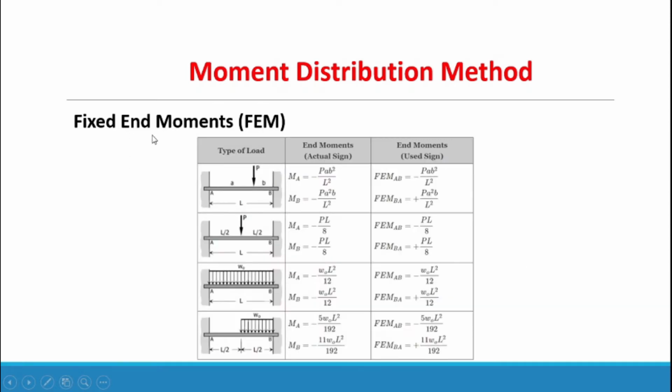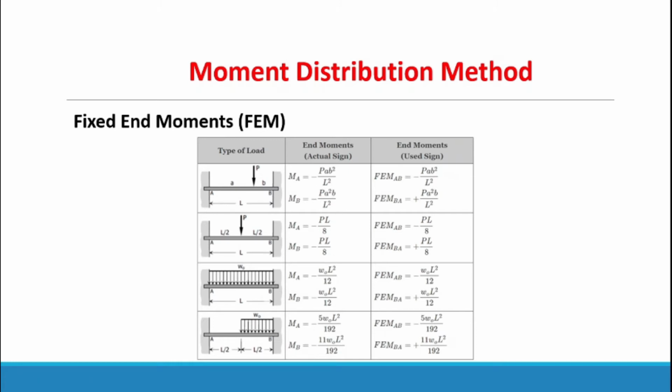For fixed end moments, or FEM, the types of load have values for the end moments and the actual used sign. For the first diagram, we have a concentrated load at a distance a from fixed support A and a distance b from point B. For the end moments, moment at A is equal to negative P, the concentrated load, times a times b squared, all over the total length from A to B, which is L squared.